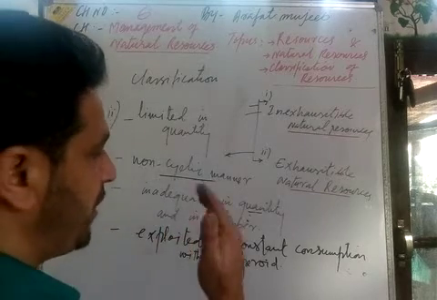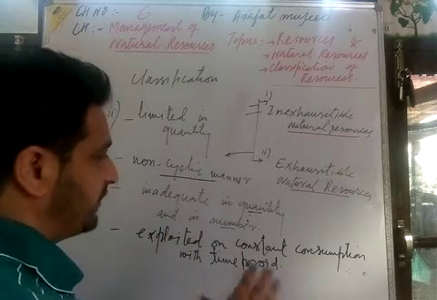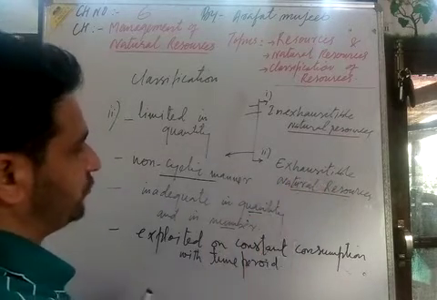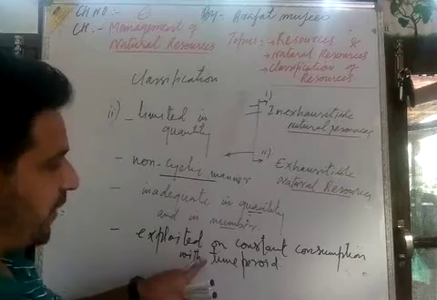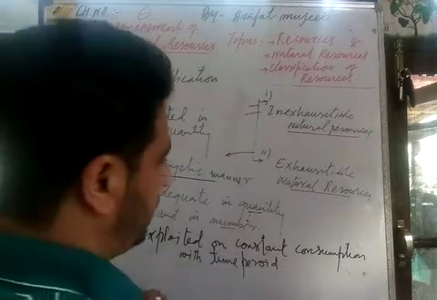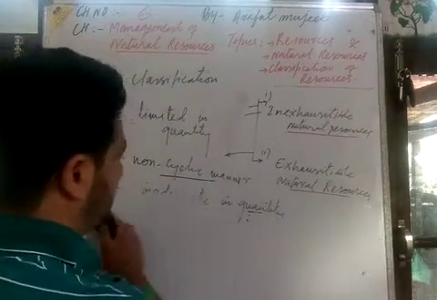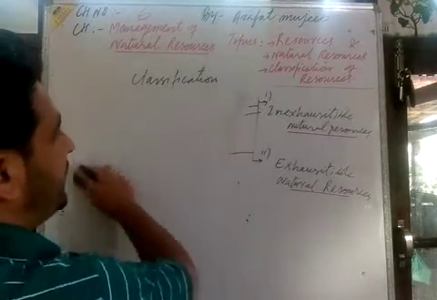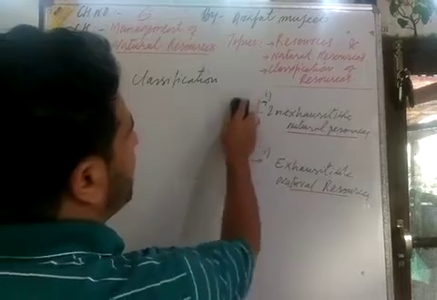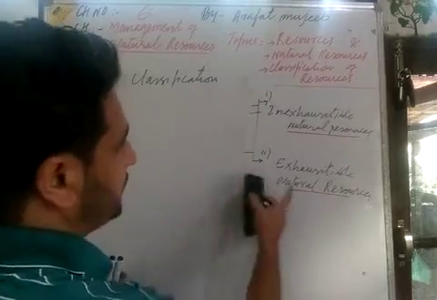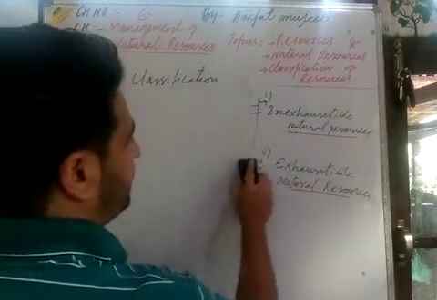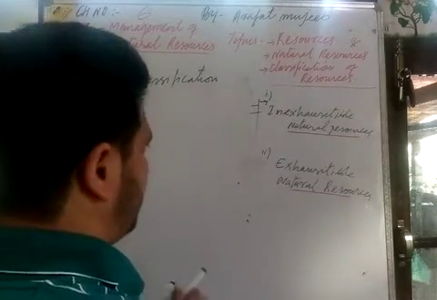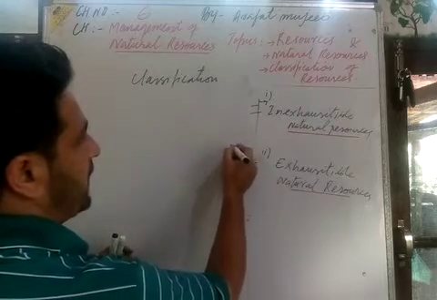With constant consumption and indiscriminate use, there is an imbalance between the formation and utilization of such resources. Therefore, exhaustible natural resources can be further categorized into two.